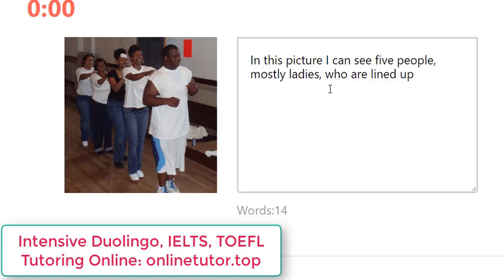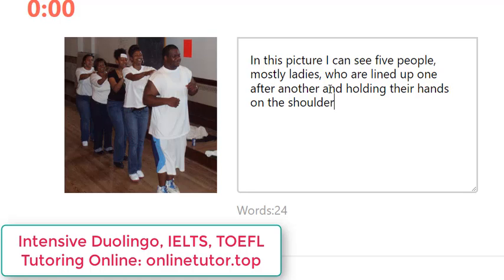Who are lined up one after another and holding or placing, okay, holding their hands on the shoulders of the person in front. Okay, you see how many words I have? 29 words, yeah? And this is not a complicated sentence. In this picture, I can see 5 people, mostly ladies, who are lined up one after another and holding their hands on the shoulders of the person in front.